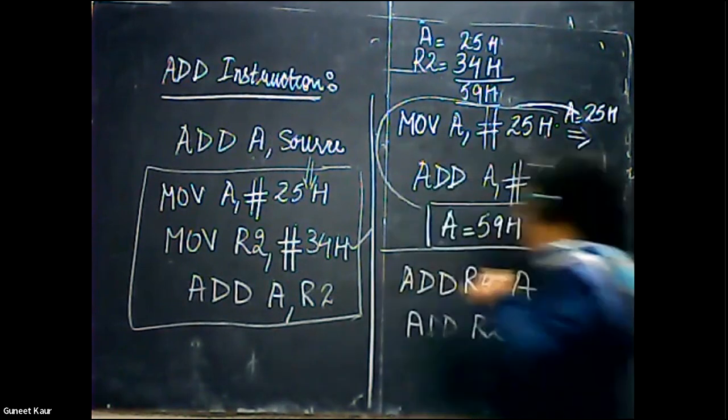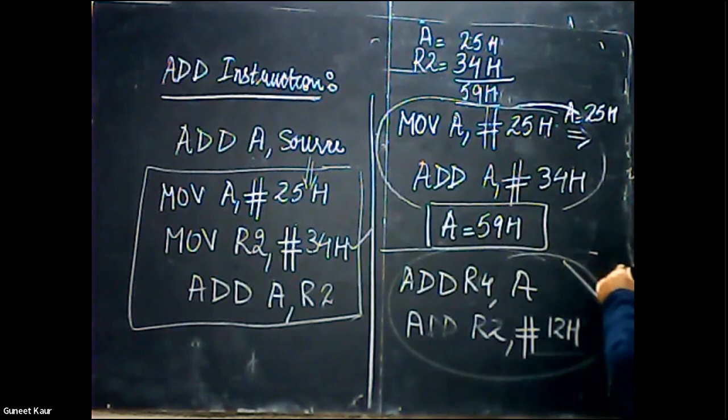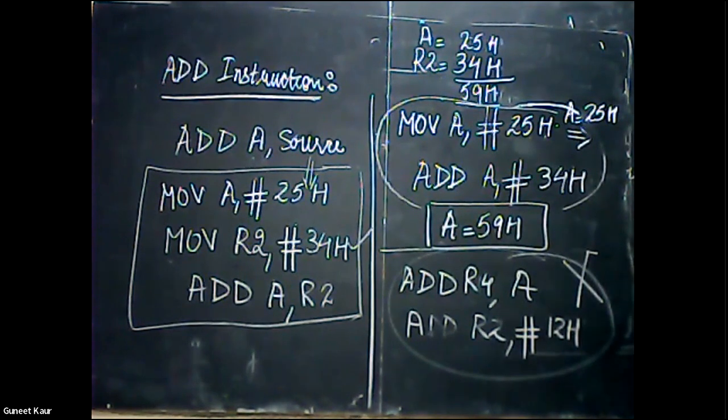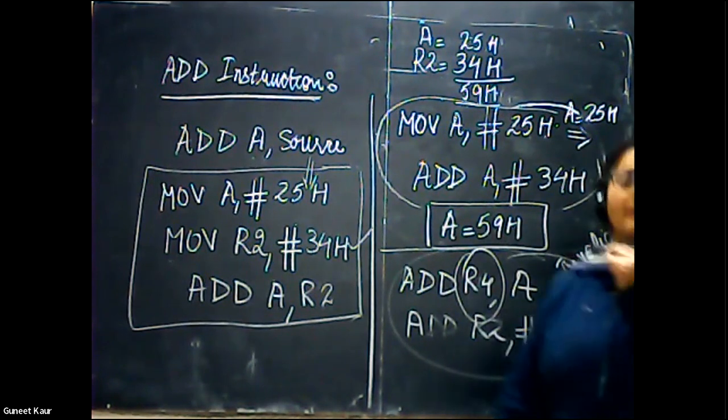Now you can see these two commands are invalid. These two commands will be invalid because why? I have already told you the destination register always and always should be your accumulator.